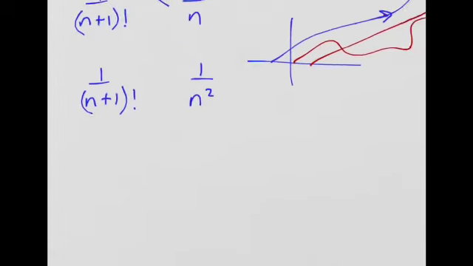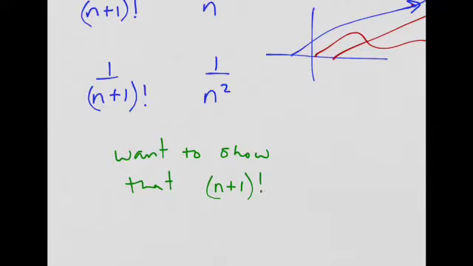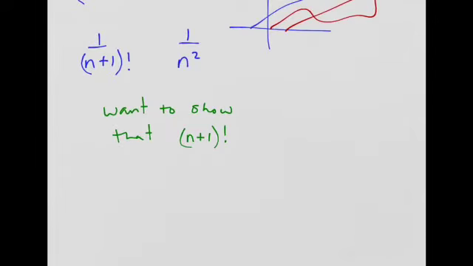How can I convince you of that? I want to show that n plus 1 factorial is bigger, larger than n squared. This we can just inspect.